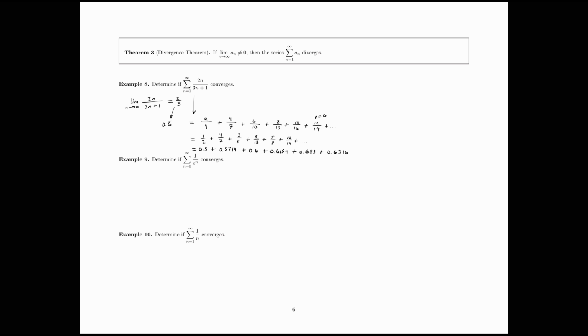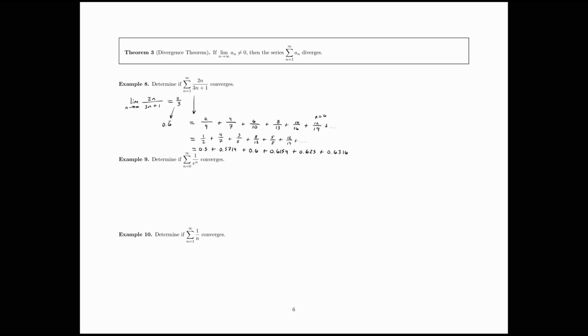Okay? It will be. So essentially what this means is since we're going to be doing this for infinity, we're going to be adding this up forever, infinitely many of these terms.